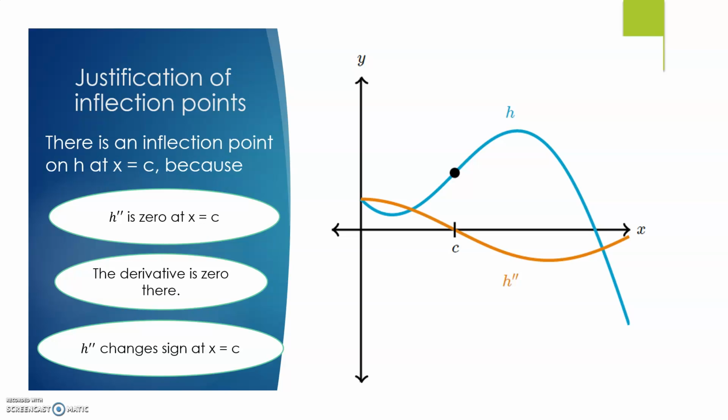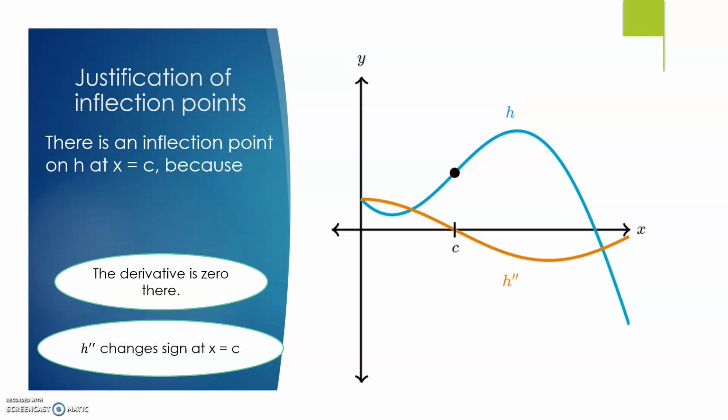If I have to justify inflection points, I want to be very clear. Inflection points do not require your second derivative to be equal to 0. Although it's nice, that's not a requirement, or it's certainly not sufficient.